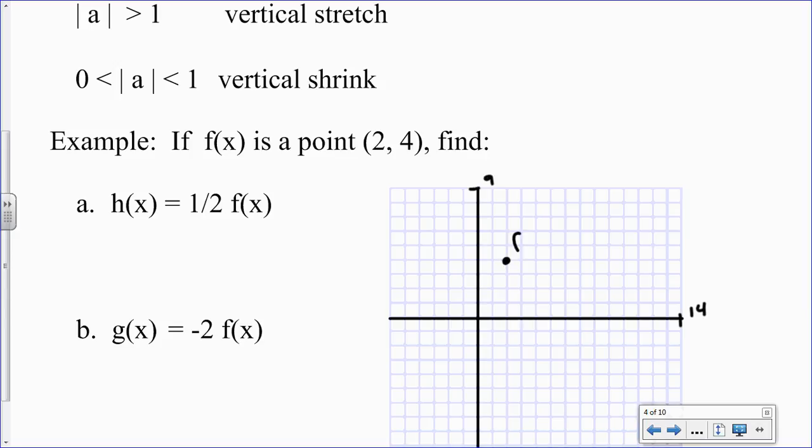Okay, so here's f of x. All right, so if h of x is 1/2 of f of x.